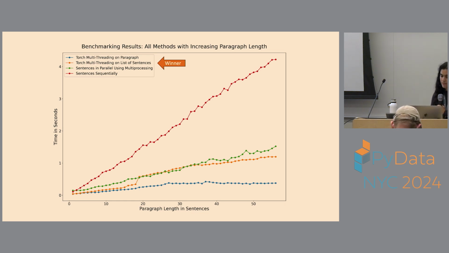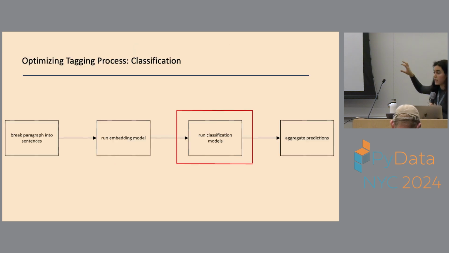And so given the optimization in the previous step in the embedding model, now we're going to take the learnings from this step and take it to the prediction step. And so previously what we were doing is we were running for loops over a sentence at a time. We were embedding one vector at a time and then predicting one vector at a time.